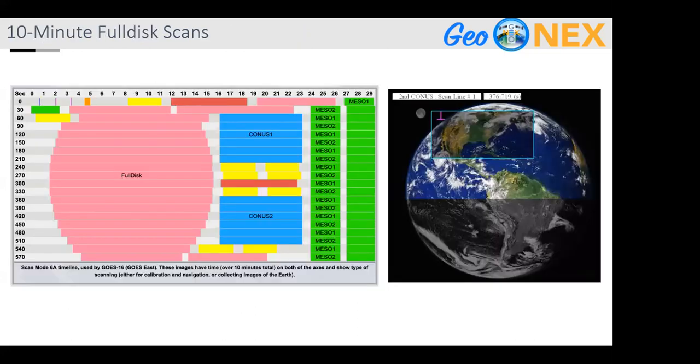And also, this is how the sensor scans the surface of Earth. It's not continuous. This is called a playlist. So they have several targets. Obviously, the largest one is the full disk. And for GOES, they have the USA, CONUS region, and there's a mesoscale, like hurricanes and some hotspots they want to measure and monitor.